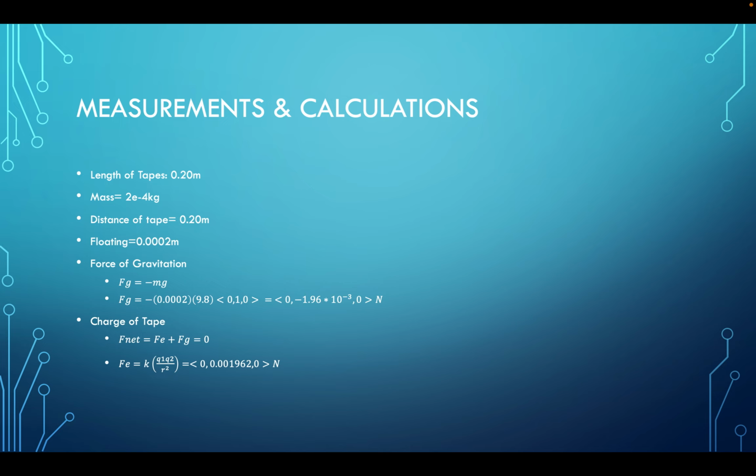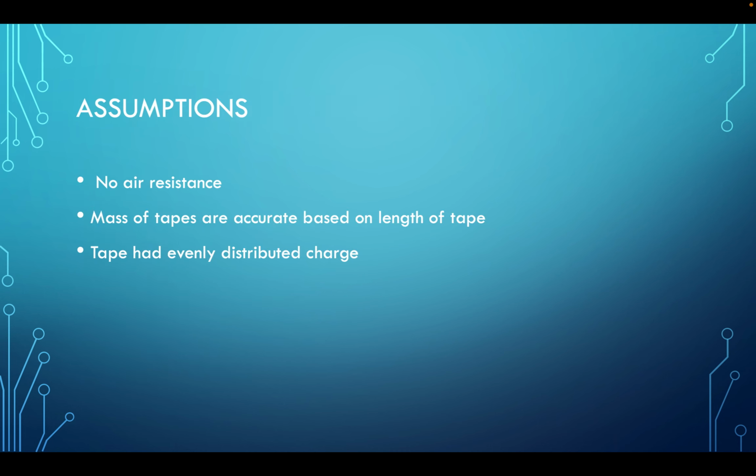And then we did the charge of the tapes, which was F net is equal to the electrical force plus the gravitational force, and we got that as our vector. Some of our assumptions were that there was no air resistance, the mass of the tapes is accurately based on the length of the tape, and that the tape had evenly distributed charge.